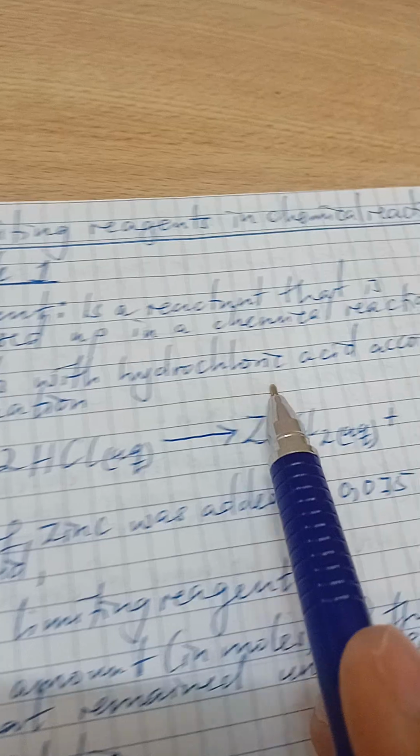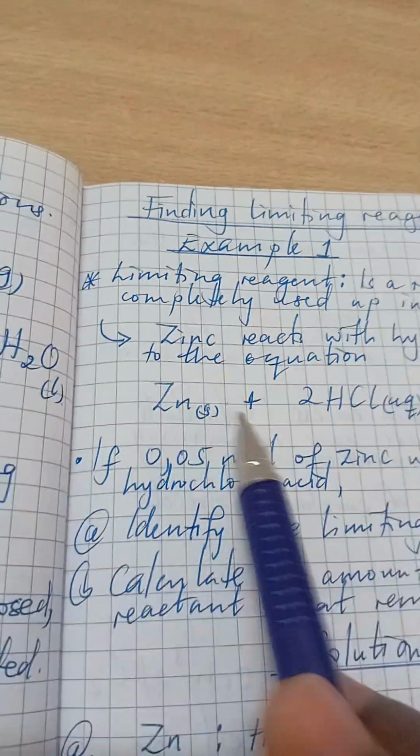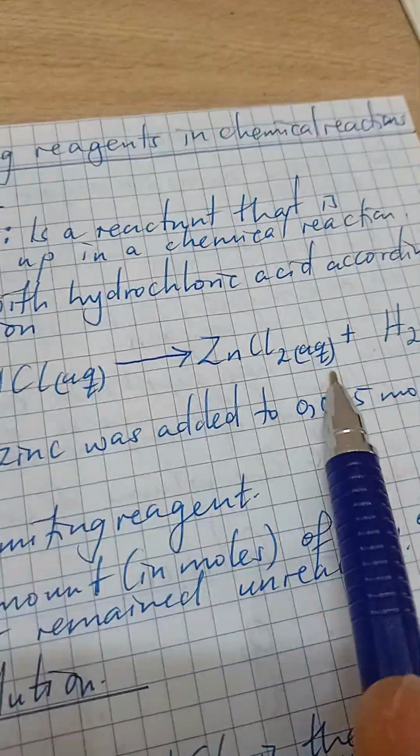So it is saying that zinc reacts with the hydrochloric acid according to the equation shown here.